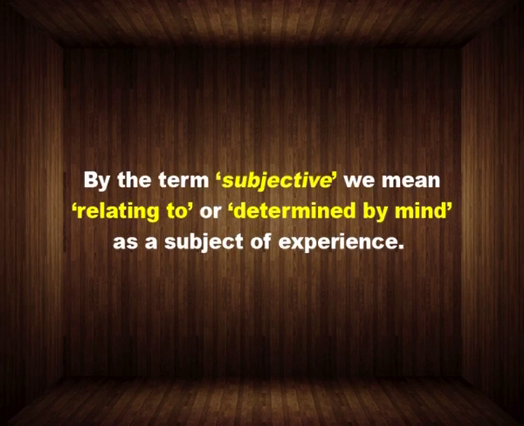According to the exponents of subjective method, social science cannot have pretensions to objective truths. Rather, it results from thinkers' subjective grouping of facts that are significant to him from the standpoint of a specific moral ideal. By the term subjective, we mean relating to or determined by mind as a subject of experience.